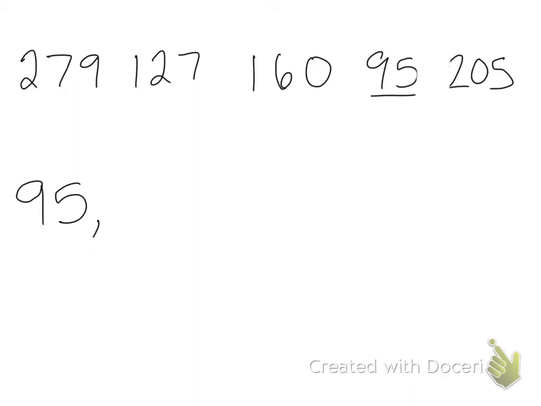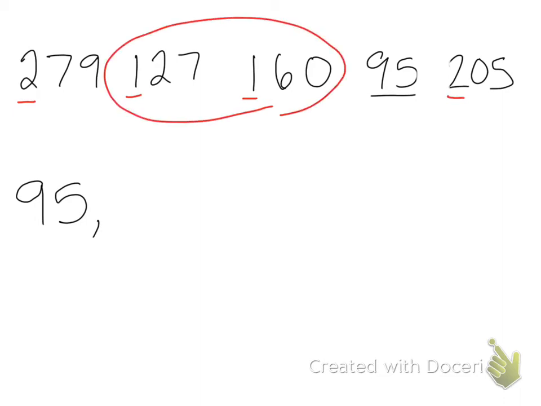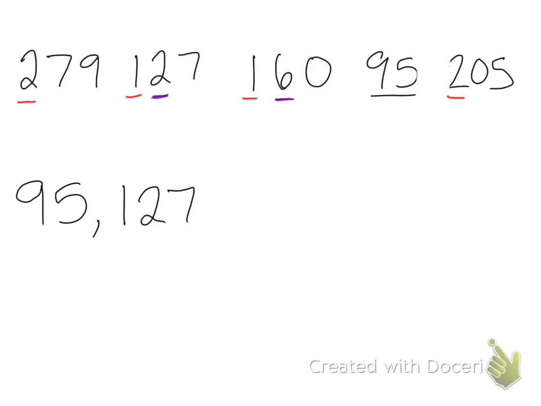So I have a 2, a 1, and a 2. So my next smallest number has to be one of these two numbers. Since they both have 100, I need to look to see how many tens they have. So 2 is smaller than 6. So the next number I'm going to put is going to be 127.